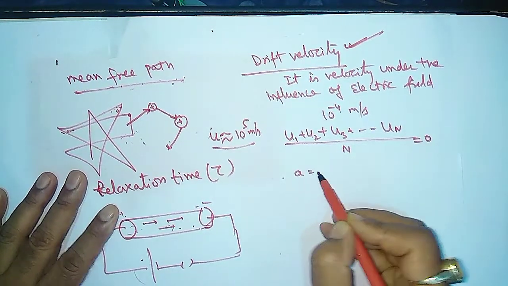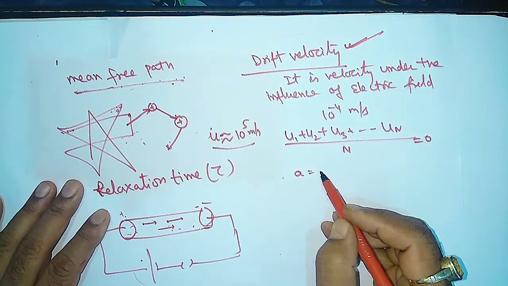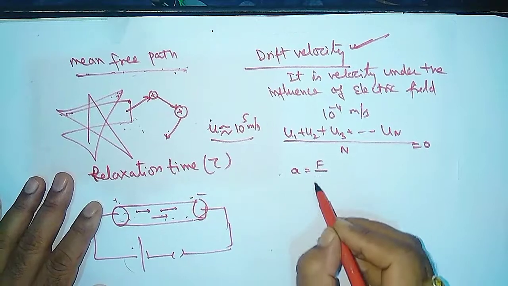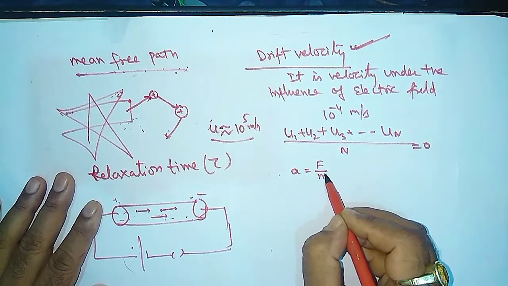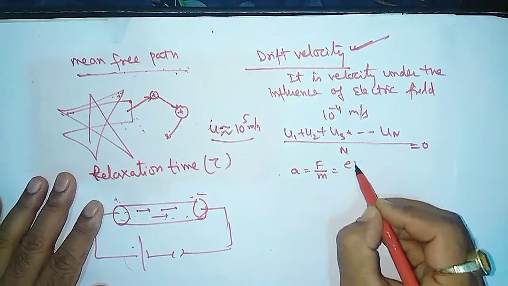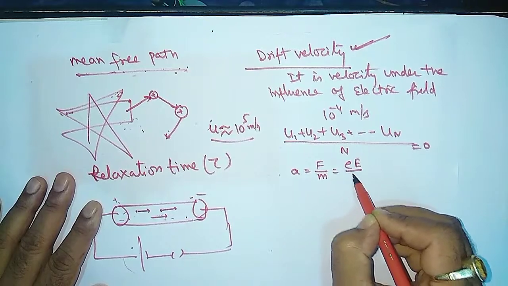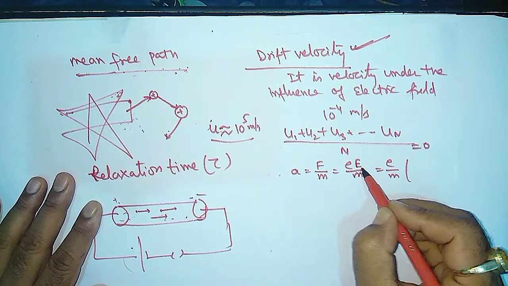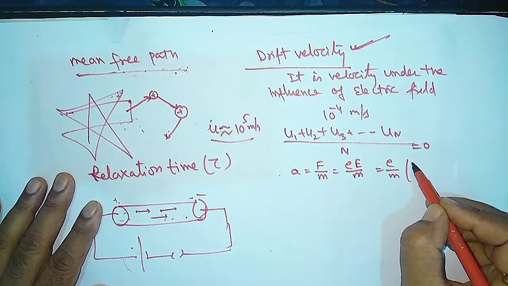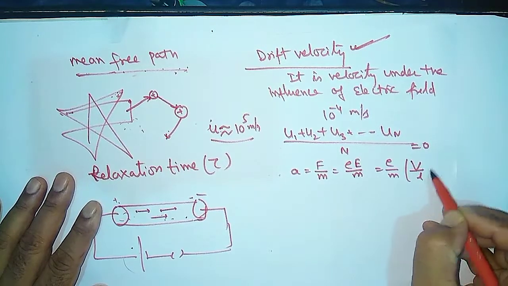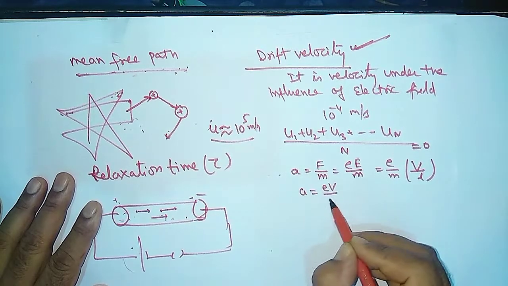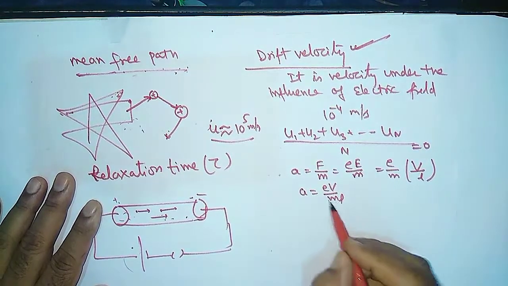Suppose an electric force is applied, then the acceleration produced in the free electrons is F upon m, and you know F is equal to eE, so a is eE upon m. And E, just remember the potential gradient, is V upon l, so simply we can write a is equal to eV upon ml.